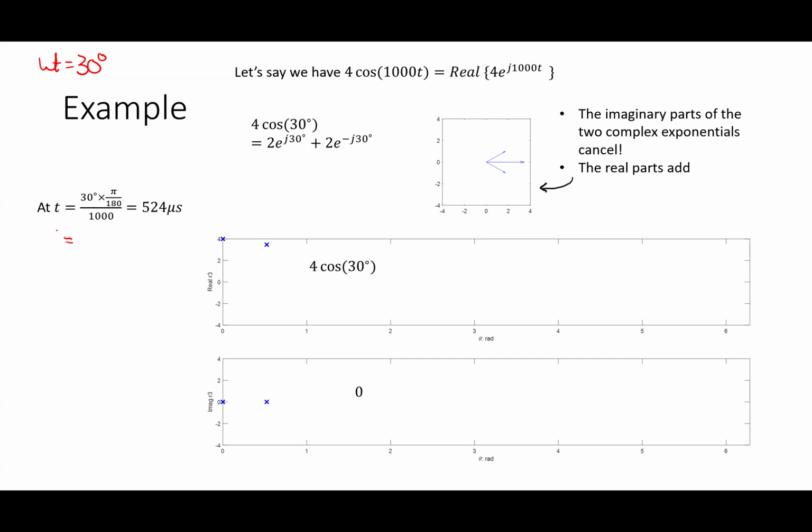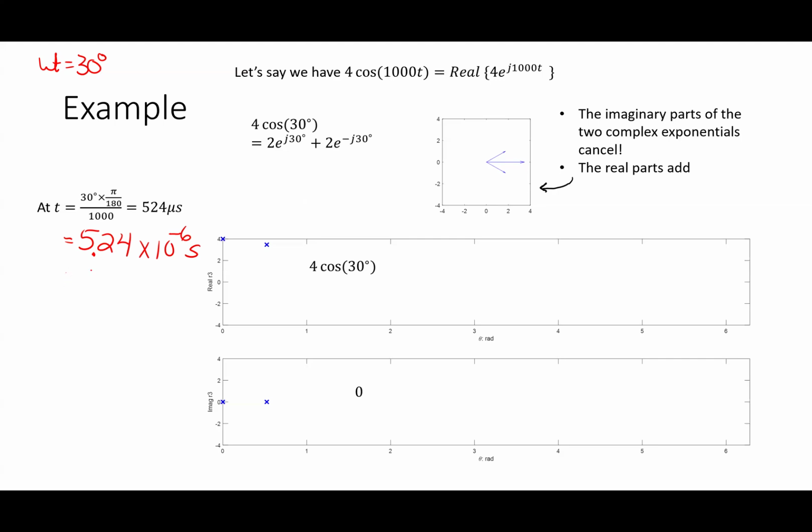Make sure we're all on the same page with that. 524 what? 10 to the minus what? 5.24 times 10 to the minus 4.